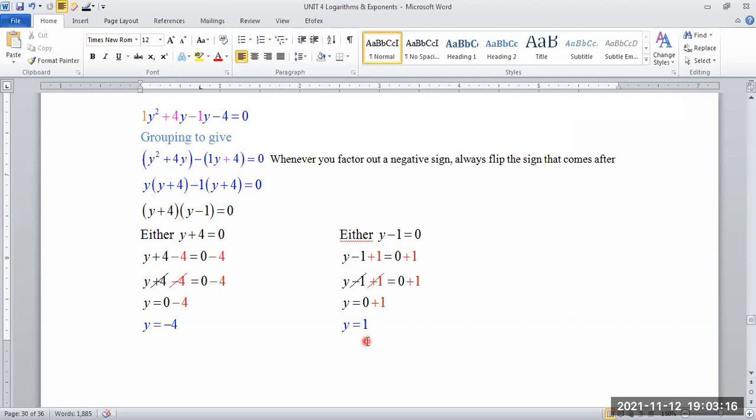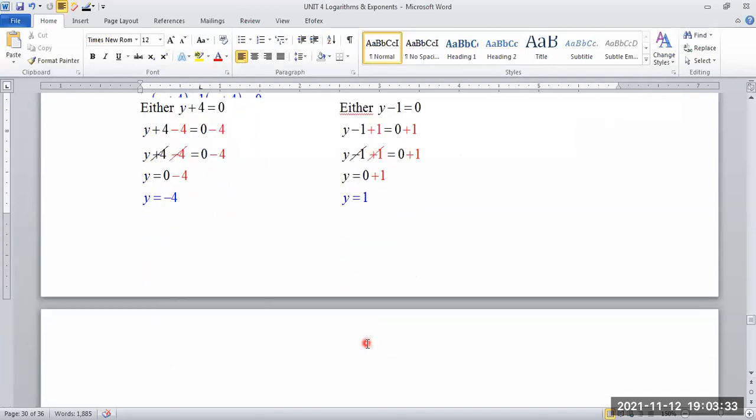Now, remember the question never gave us anything in y. We were the ones to introduce y. So what is going to happen is that we have to resubstitute.